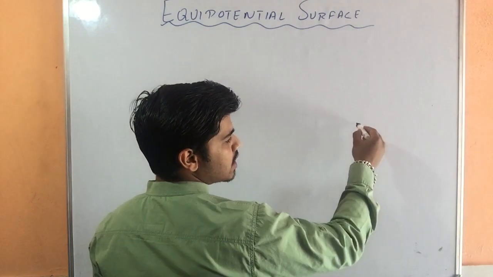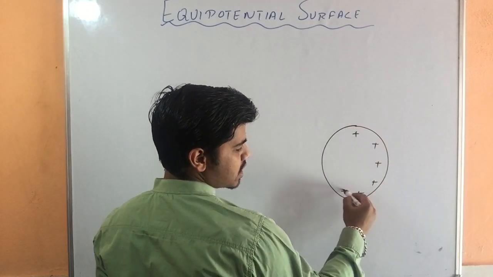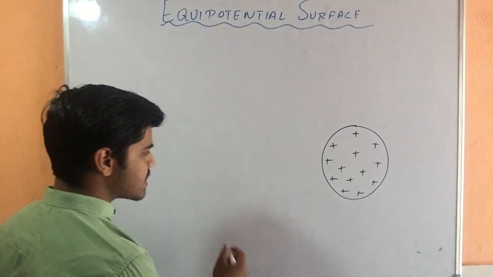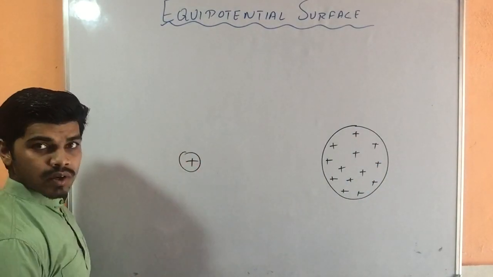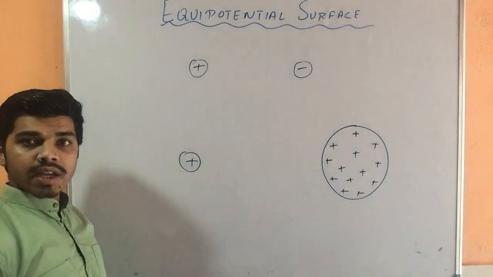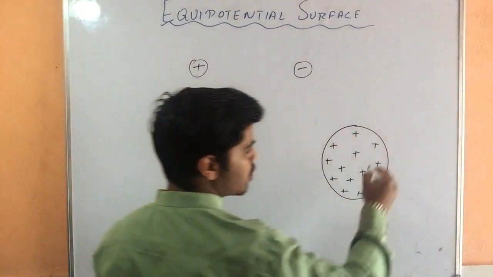For example, let us consider a charged body which has a positive charge, or a single charge, or a dipole. What are the equipotentials for the charged bodies?